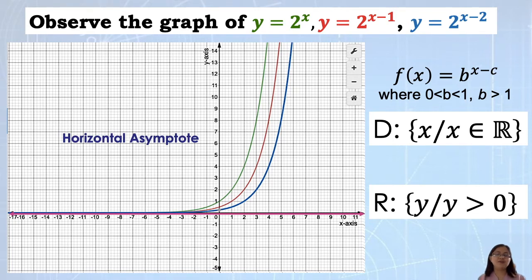Therefore, if you encounter any exponential function in the form f(x) = b^(x - c), where b is between 0 and 1 or b is greater than 1, we could say that the domain is the set of all x such that x is any real number, while the range is the set of all y such that y is greater than 0.